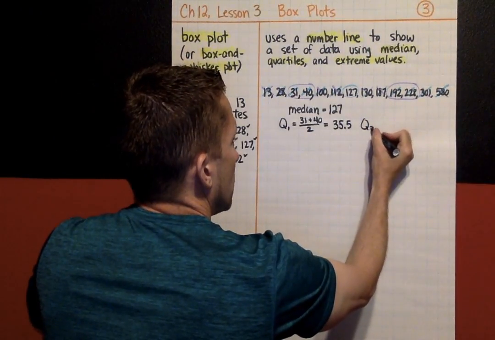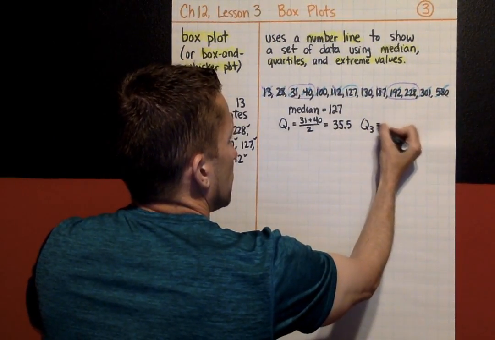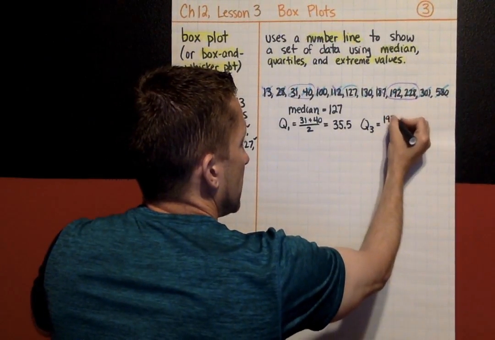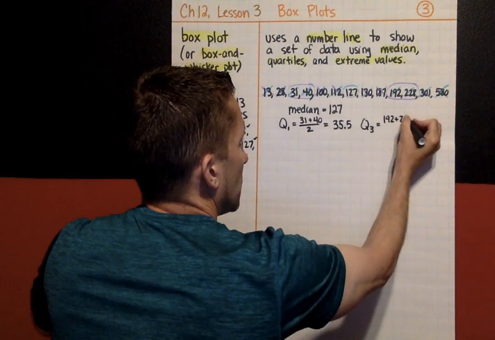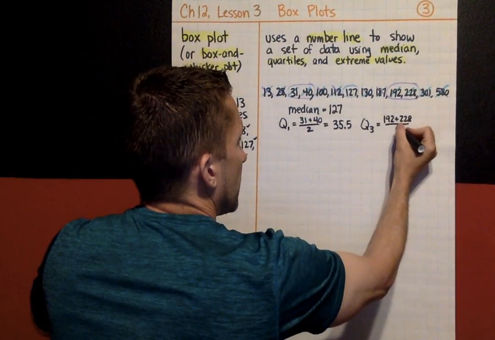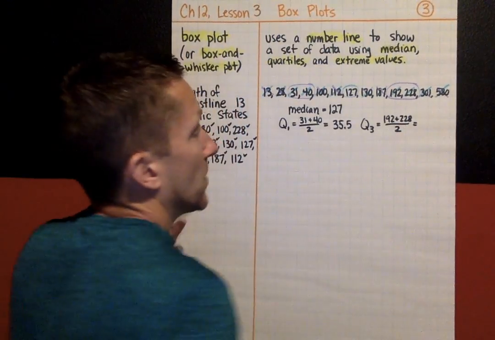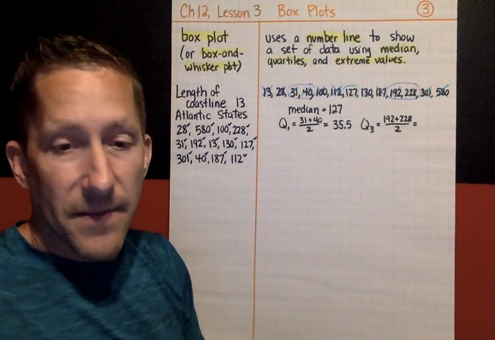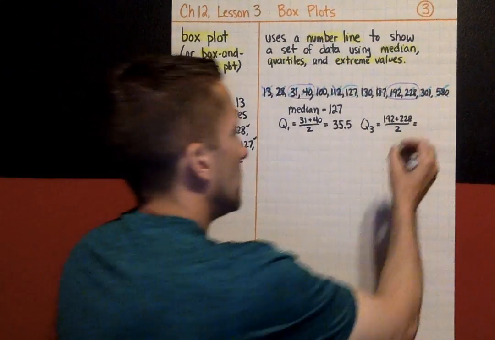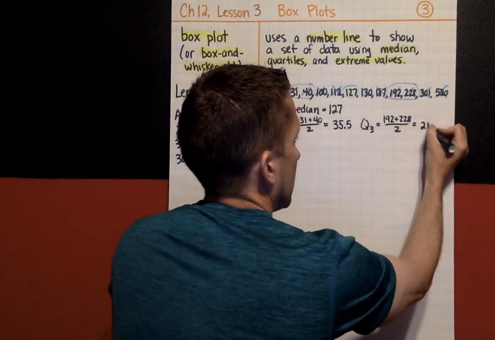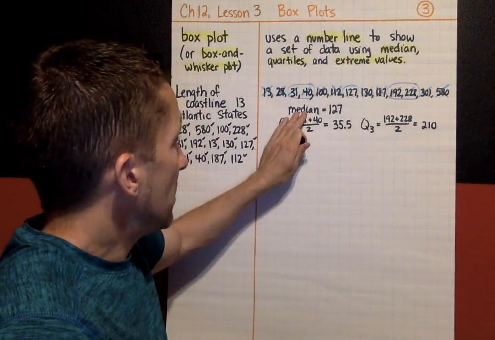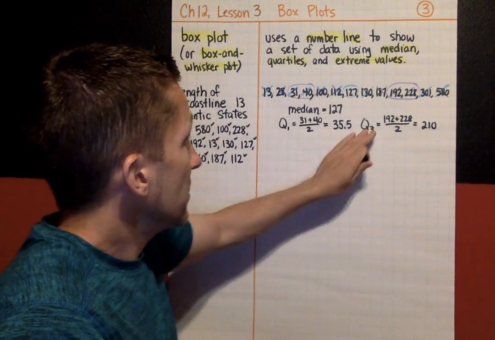Q3 is 192 plus 228, divided by 2. So when I put all that into the calculator, add those together and divide by 2, we get 210. So now we've got the median, Q1, Q3.